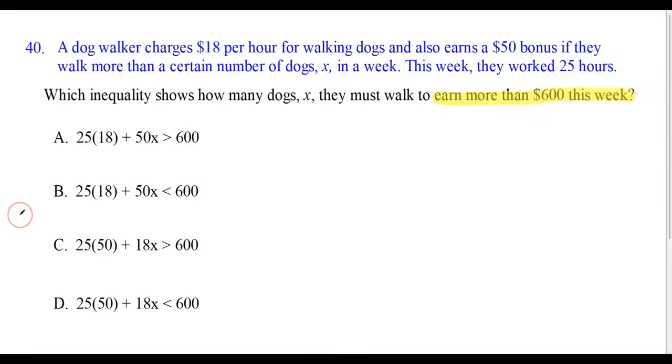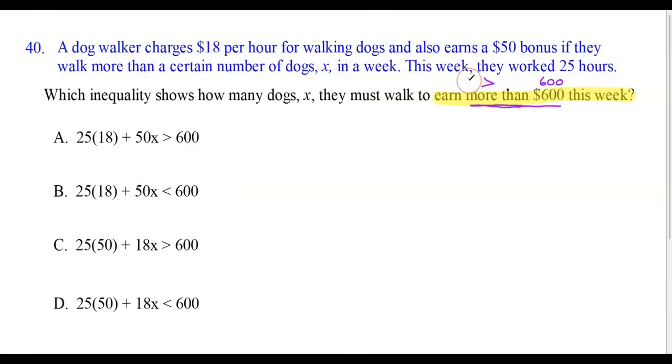So I am going to look at my inequalities below and see which one has something in it that indicates more than $600. When you're dealing with inequalities, more than means greater than, which is written like this. That is the greater than symbol. And it has to be more than 600.